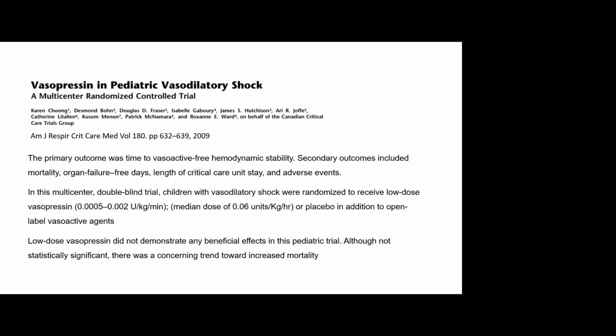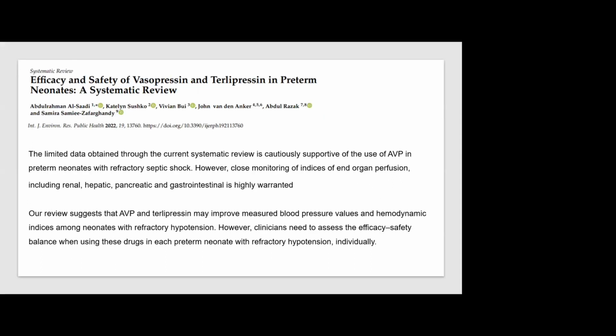And they looked at the dose of 0.06 units per kilogram per hour, which is quite a reasonable dose, against placebo or in addition to other vasoactive agents. And low dose vasopressin like 0.06 units per kilogram per hour didn't show any major beneficial effect in this trial. However, they also noticed that there was an increased trend towards mortality with vasopressin.